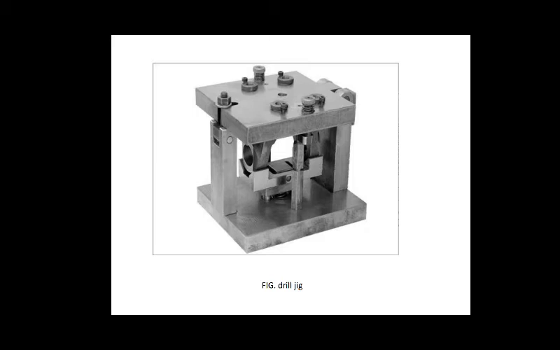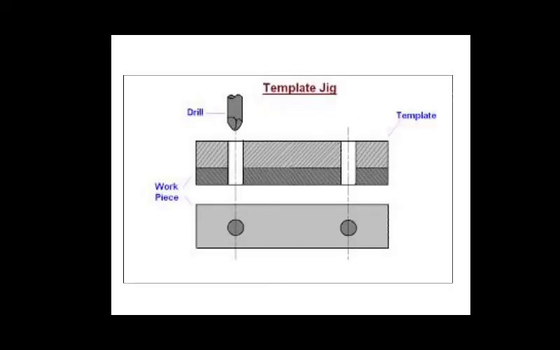Now let us see the types of jig. First is the template jig. This is the smallest type of drill jig.